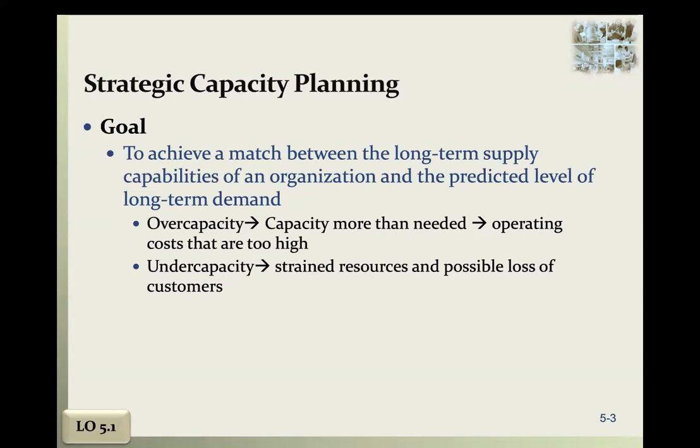If you have more employees and more machines, they are adding more cost and reducing your competitiveness. So as a result of overcapacity, although you may be able to serve all customers because you have slack resources, your operating cost will be too high.